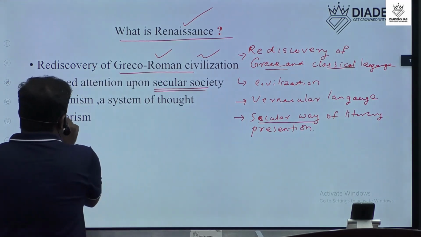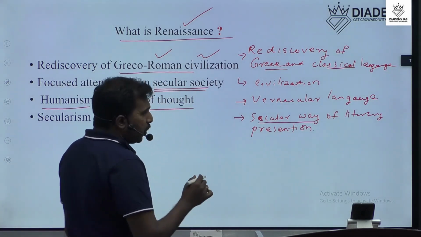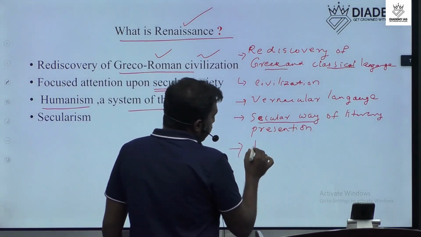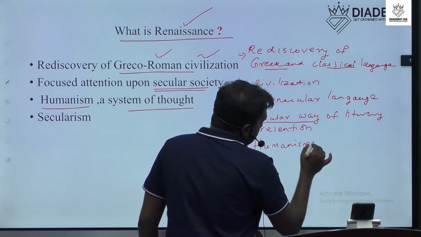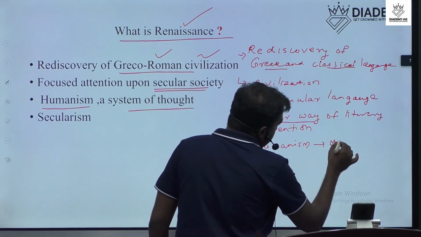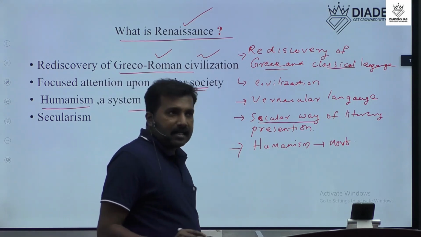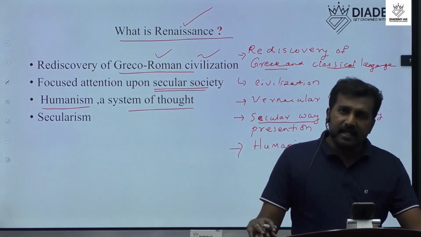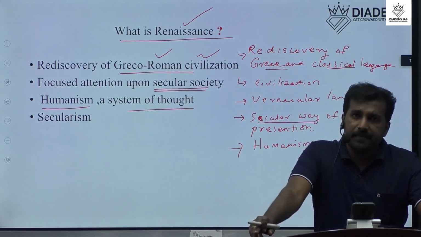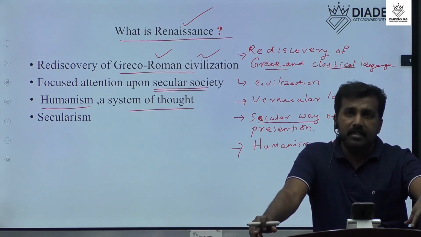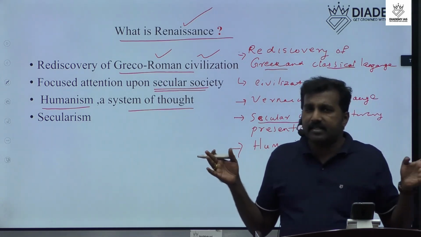And the next important point is humanism and system of thought. That means during this time, a new movement was started, called humanism. Humanism was a movement started all over England, and this movement was one of the steps to avoid inequalities.